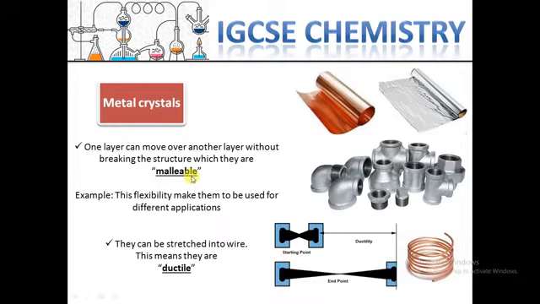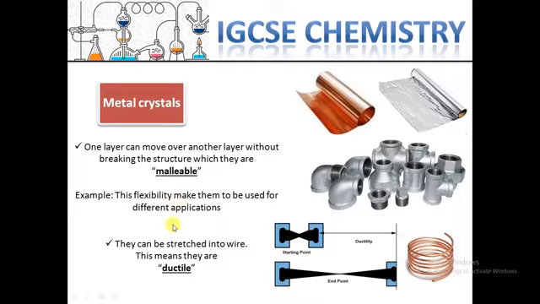So that makes a flexible form of metal, and you can make many different shapes like this pipe and metal sheets and many things. That's why we can form the metal, because in lattices each layer can move over another layer.